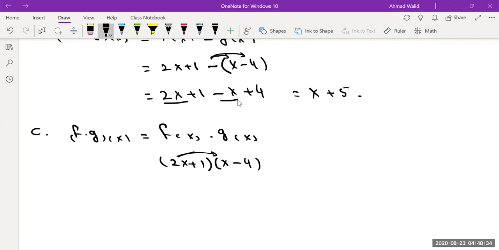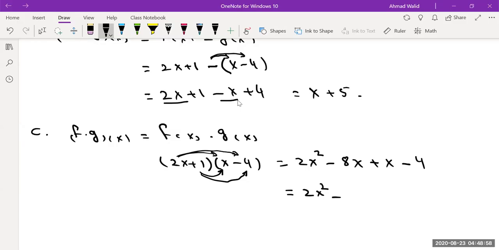First term multiplied by both, then second term, like this. I'm not going to explain all the algebra here for you. 2x times x gives you 2x squared. 2x times negative 4 gives you negative 8x. Plus x minus 4. Combine like terms, it gives you 2x squared minus 7x minus 4.